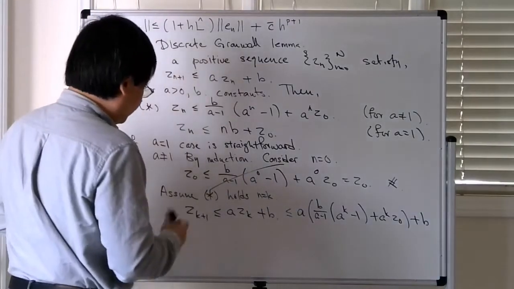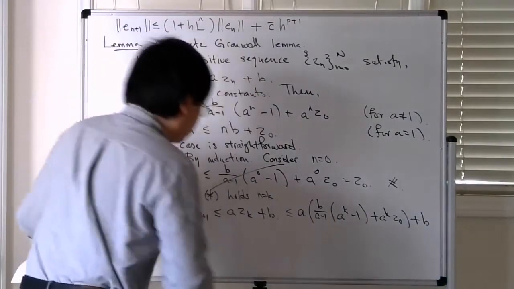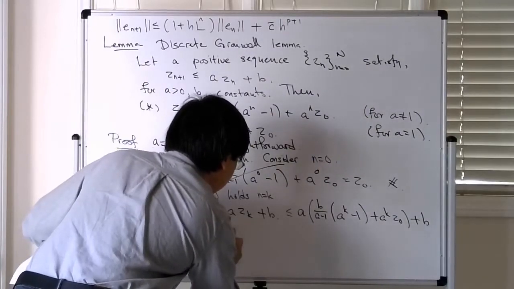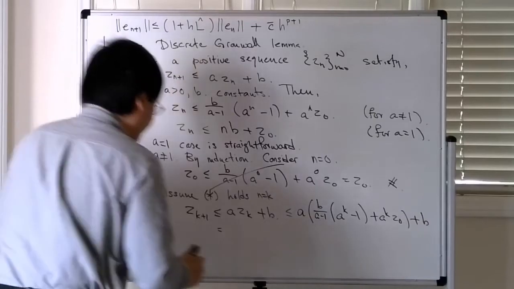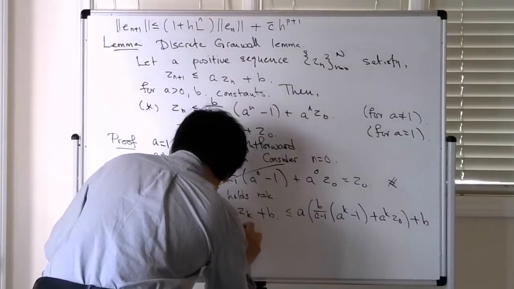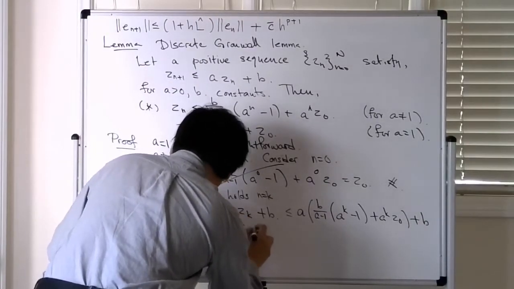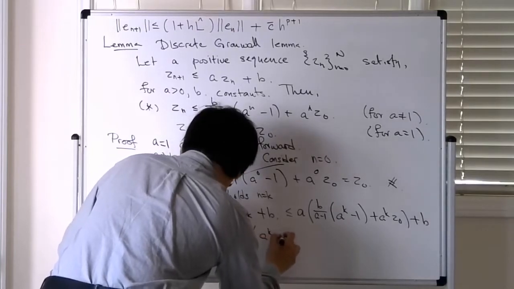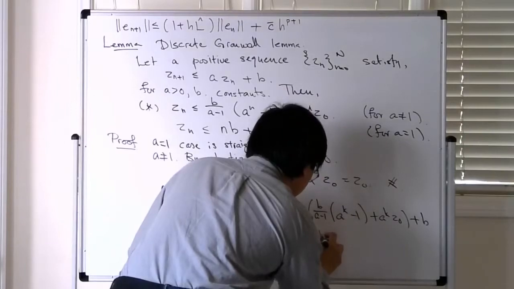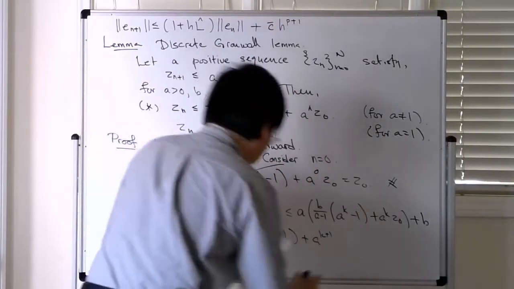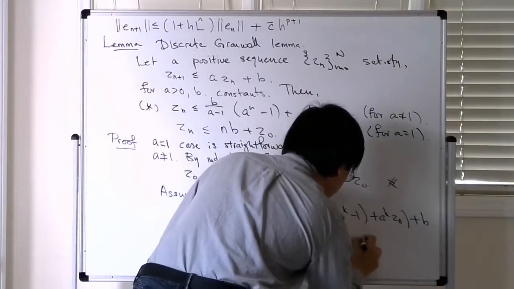Okay, so you can expand everything. This is of course equal to a times b over a minus 1, times a to the k minus 1, plus a to the k plus 1 z0, plus b.